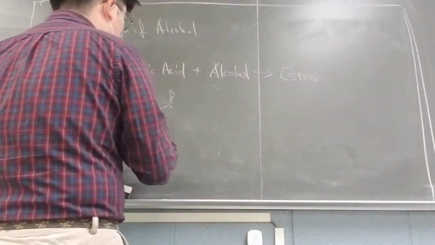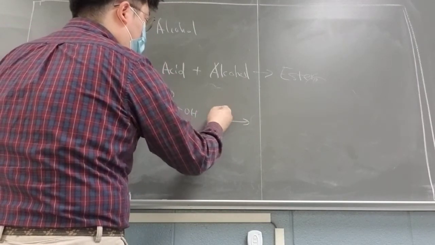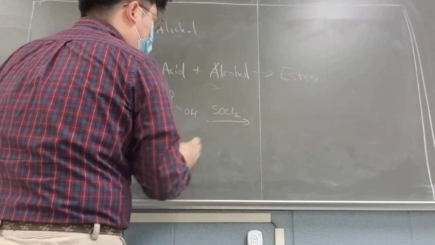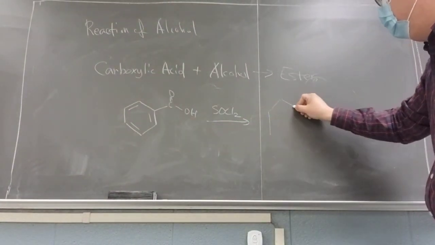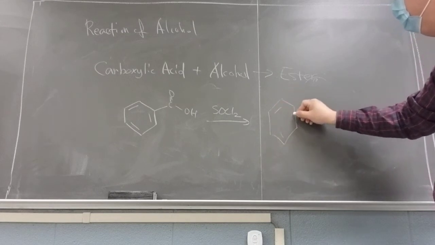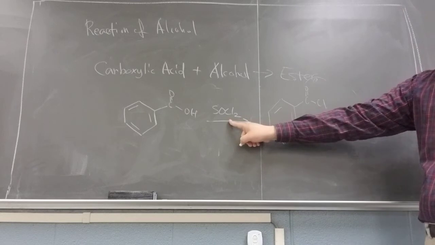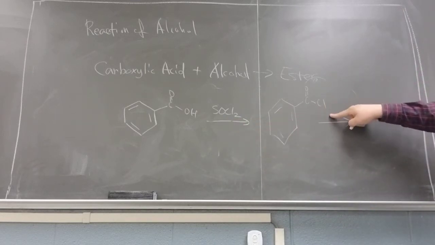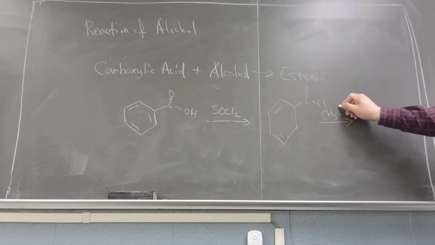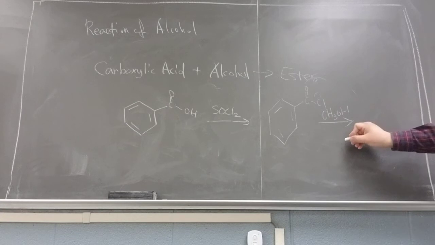There's another way, once again, if you treat with thionyl chloride, you can actually see that this will be replaced by what? A much better leaving group, but this time not water, but chlorine. And then you can treat it with methanol again. I'm just going to write that. And this is a pretty good leaving group already.